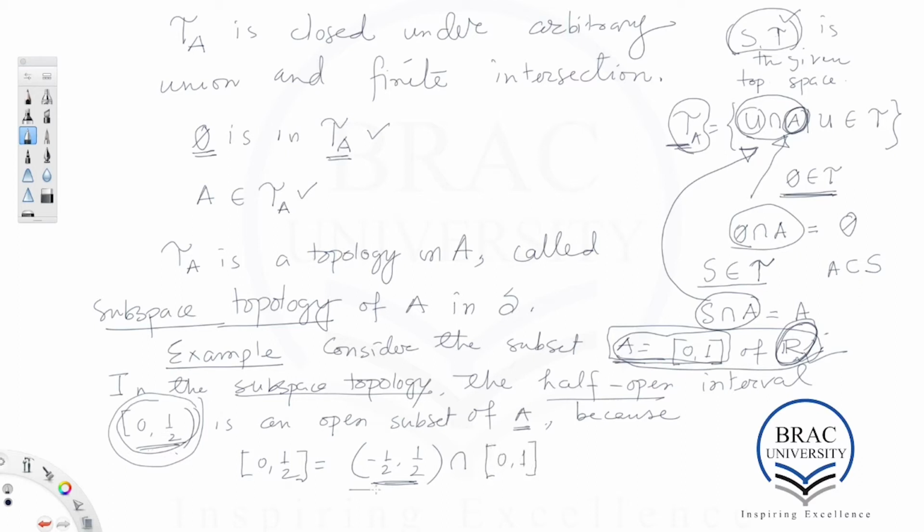So this can be seen more clearly if we draw a picture, the picture of number line. 0 is the origin, and say this is -1, and on the right at the same distance we have +1, and this is say -1/2, and this is +1/2. So this is 0, 1/2, the half open interval in R. Okay.